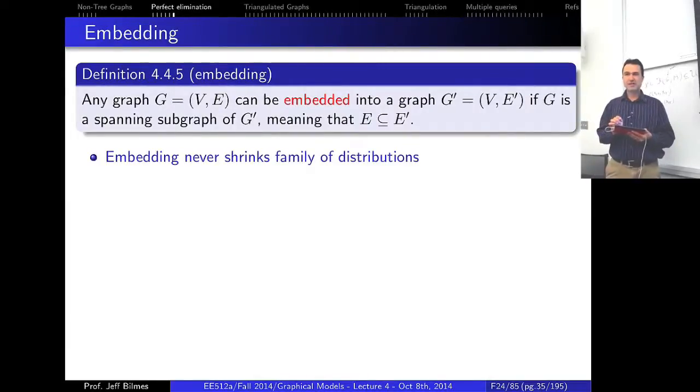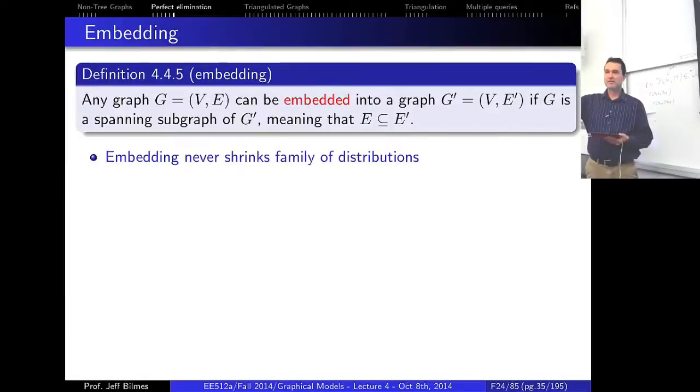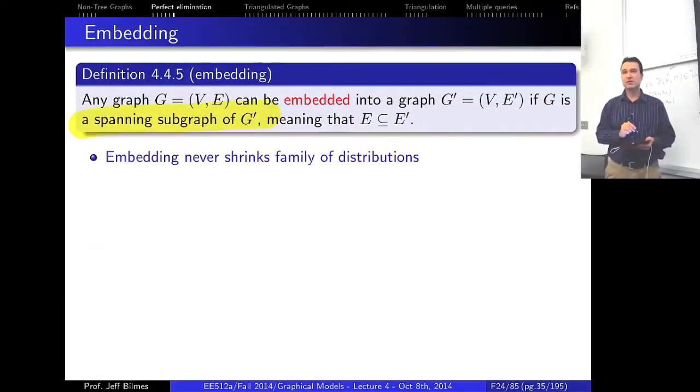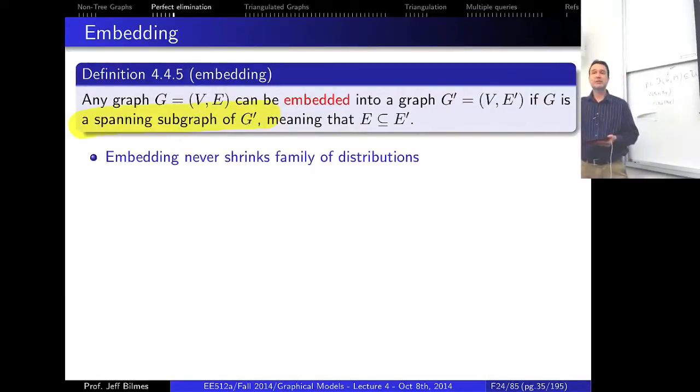So that basically means that the graph that can be embedded into the other graph is what's called, and these are the official terms for this, a spanning subgraph. So let's say that G is the graph that we can embed into G prime. That means that G is a spanning subgraph of G prime.